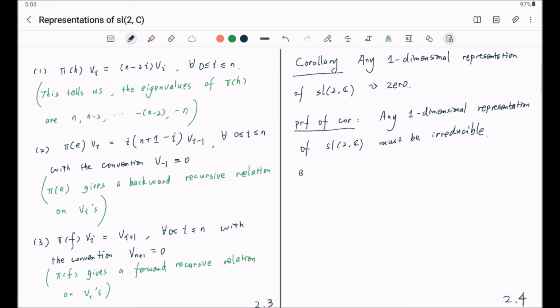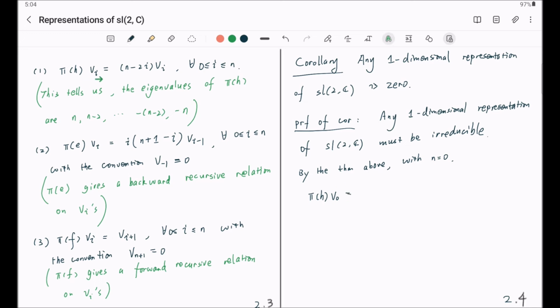Now, by the theorem above, with n equal to 0, now there's only going to be one vector in the basis. We apply pi of h to this vector.